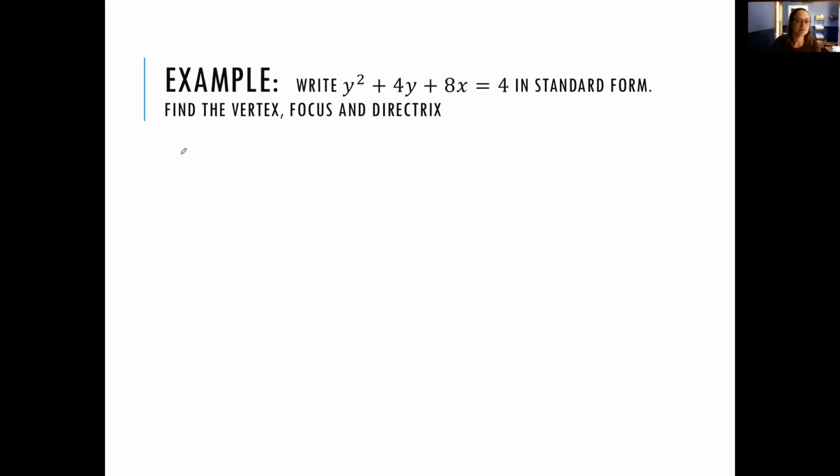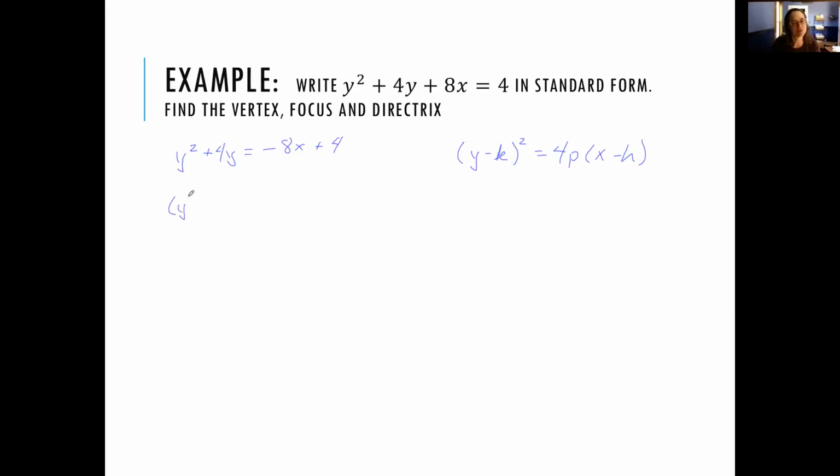So in this case, I'm going to gather my y's on one side of the equation, and put everything else on the other side. Because remember what I'm going for: y minus k squared equals 4p times x minus h.